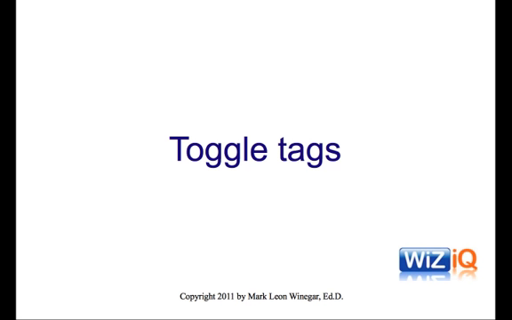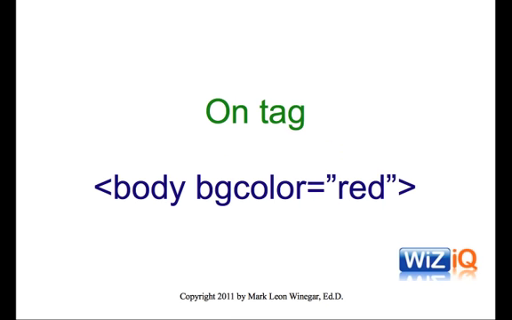Tags are often referred to as toggle tags. That's because we must remember to turn our tags on and off. Now, the body BG color equals red tag is an on tag. It begins the definition of the viewable part of our web page.